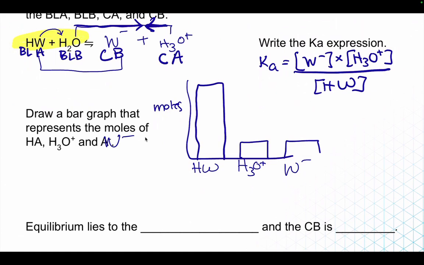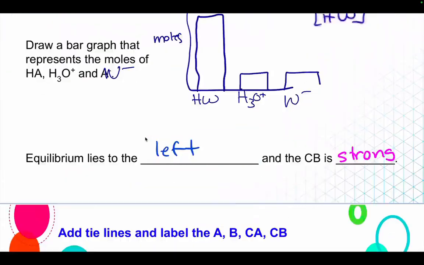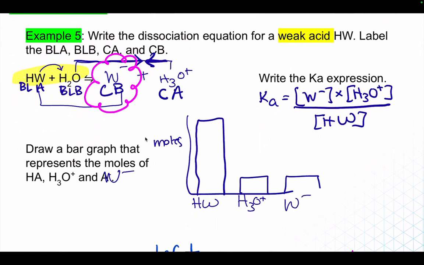So equilibrium lies to the left. And that makes this conjugate base strong, and it'll always be that way. The weak acid will be paired with the strong conjugate base. It's very likely for this W to go back and accept a proton and become HW.